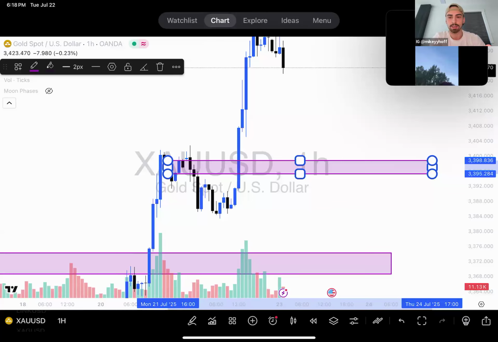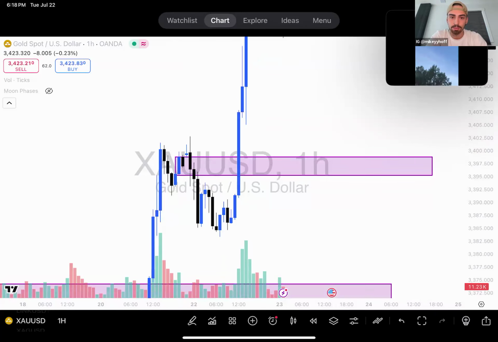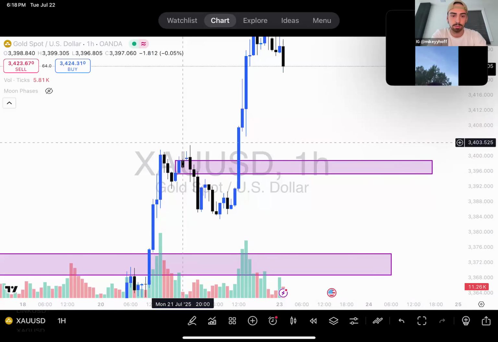If you're trading USD CAD or CAD CHF, there are different ways that you calculate the pips for those specific currency pairs. So in this case, I'm going to be looking for this candle right here, this blue one.